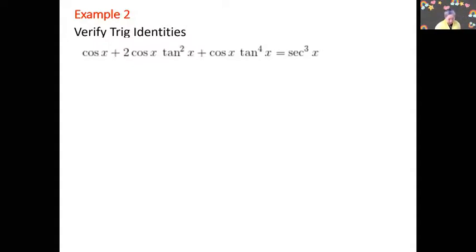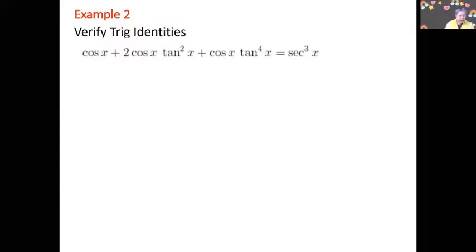So usually it might be easier for you guys to pick the complicated one and figure out the way that we can rewrite and simplify, so that we are going towards the other side that has a simpler form as given, right? That being said, we can pick the left-hand side.